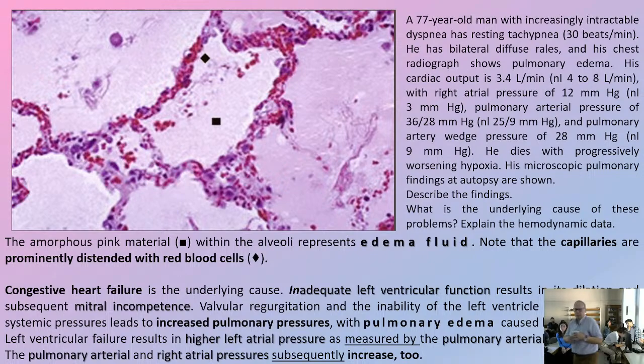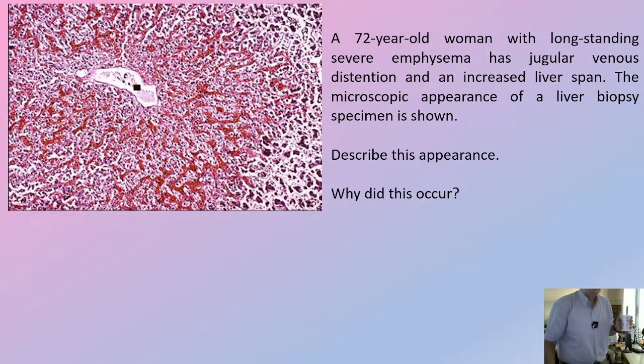Okay? Now, this one here. This is a histologic image of a hepatic lobule, and we see zone 3. What does zone 3 mean in the hepatic lobule? It's the central vein. So what do you see around the central vein?